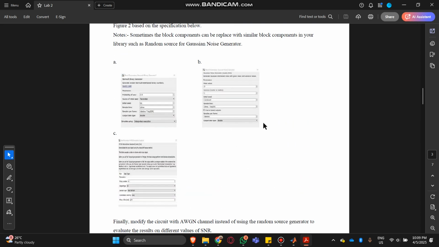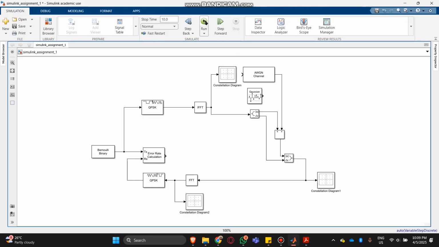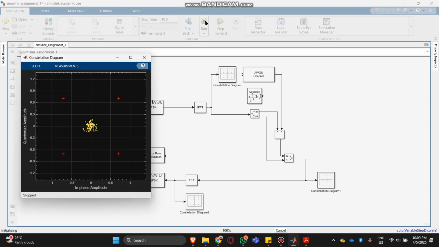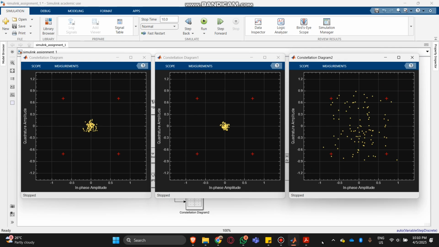After setting the specification, I push the run button. Then we get this. Here in the first constellation diagram, there's a cluster of the signal where the noise is not filtered and the noise is still there.